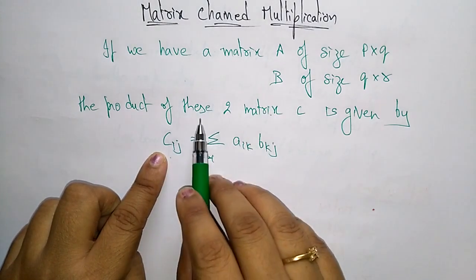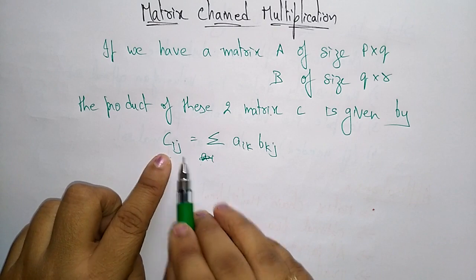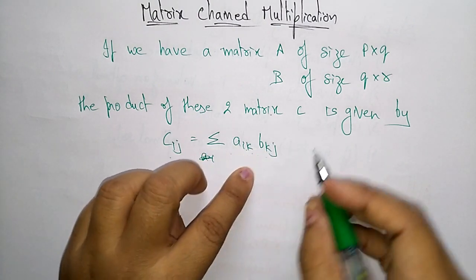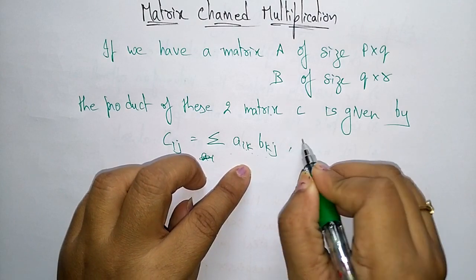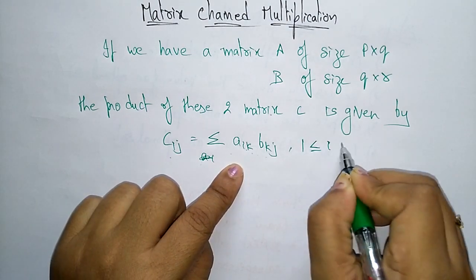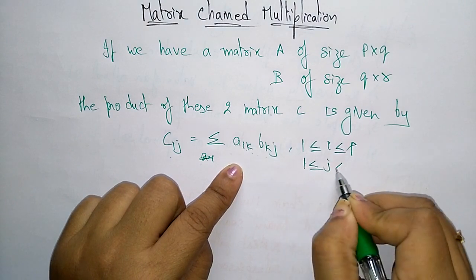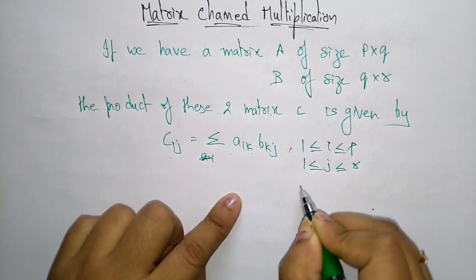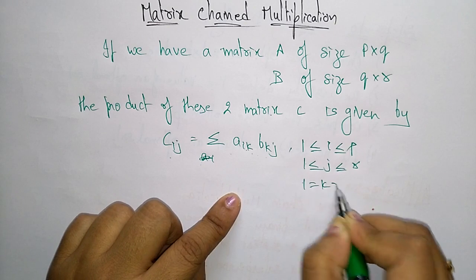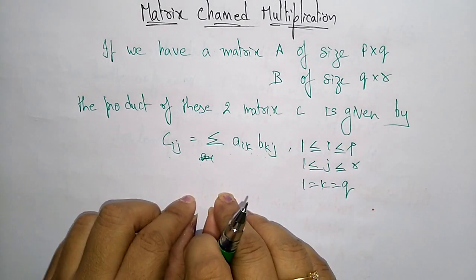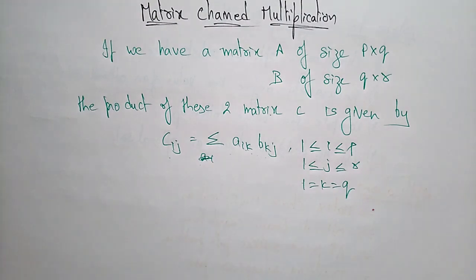So in matrix multiplication, Cij is equal to sigma of Aik into Bkj, that is the rows and the columns, with 1 less than or equal to I less than or equal to P, 1 less than or equal to J less than or equal to R, and K running from 1 to Q. Okay, so this is just the formula for multiplying two matrices.